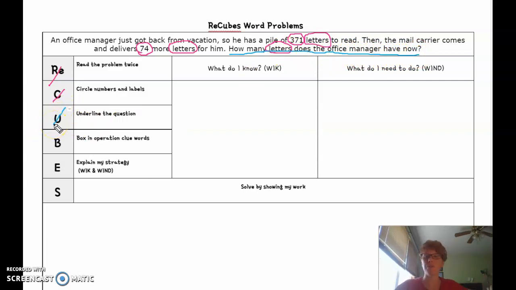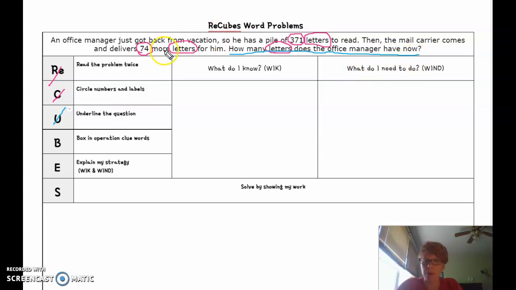Now we are going to box in operation clues. That means the clue words that help us add, subtract, and then eventually multiply and divide. I'm going to pause this and I want you to try to find those clue words in here. All right, what clue words did you see in here to help us figure out if we're adding or subtracting? We're not multiplying and dividing yet. Let's see here.